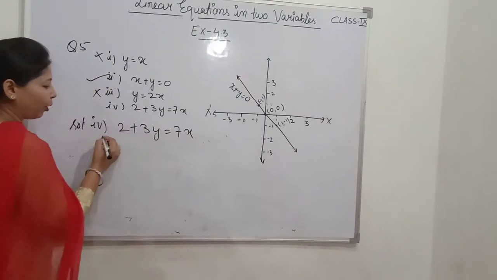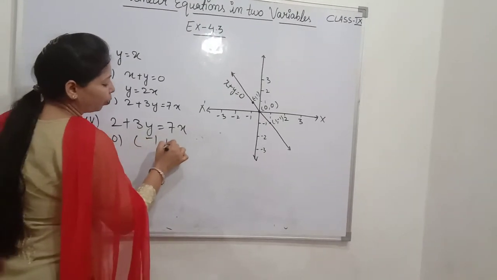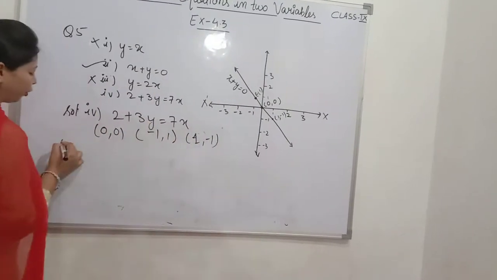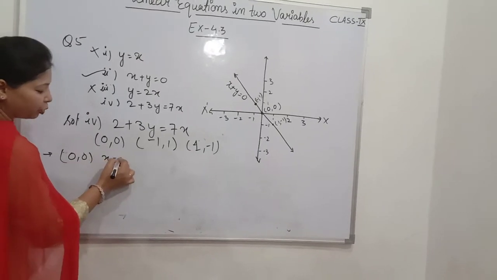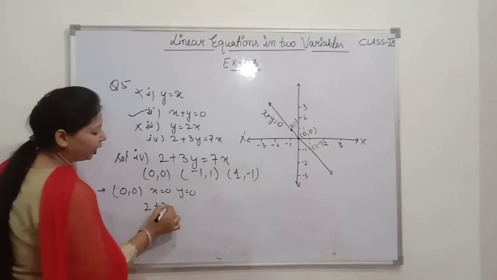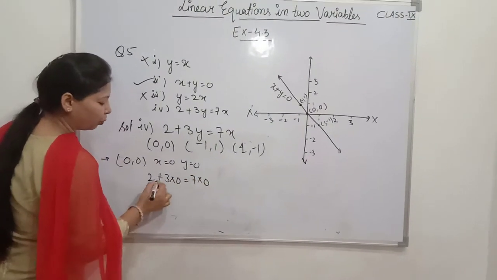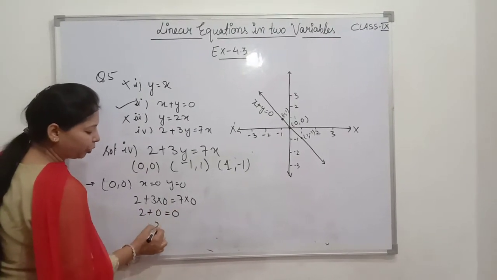Now we have 3 points, 0, 0, minus 1, 1 and 1, minus 1. Now for 0, 0, we know that x is equal to 0 and y is equal to 0. Substitute. Now 2 plus 3 into 0 is equal to 7 into 0. That means 2 plus this whole becomes 0 and this becomes 0. So 2 is equal to 0.